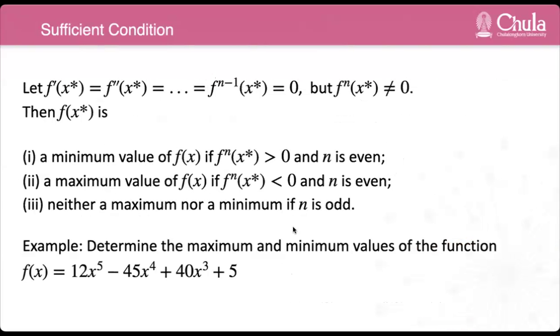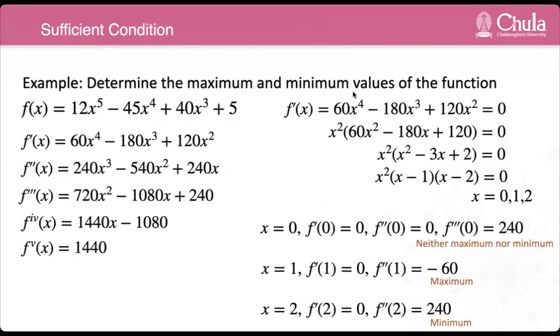Back to the previous slide, n is the order where the derivative is not 0. So n is 3. Then what happens at this point? n is odd, right? So it is neither maximum nor minimum.